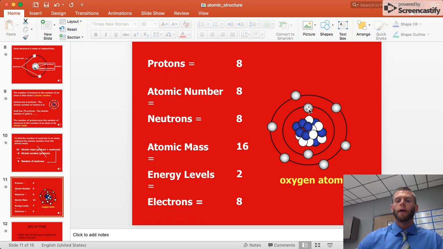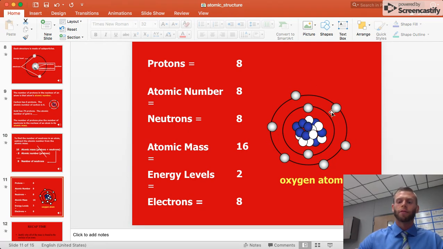So every element other than hydrogen, which only has 1 electron, or helium, which has 2, will have only 2 in the first circle, and then it will have a couple more, depending on what it is, in the second energy level. So in this case, for oxygen, if I know I have 8 electrons, well, I put 2 in the first, and that filled that energy level up because it can only hold 2.